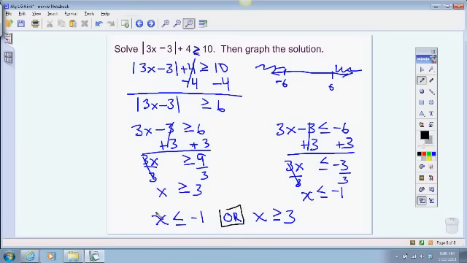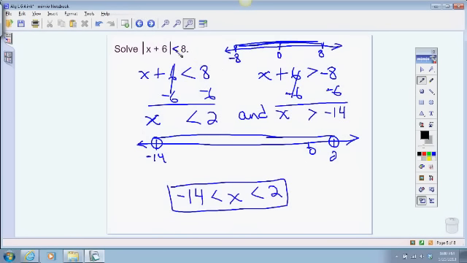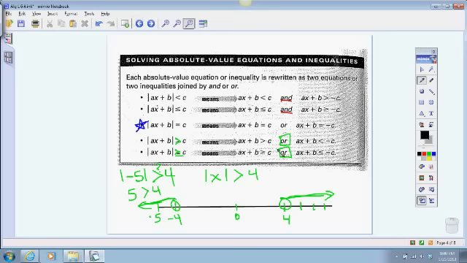It's either going to be less than negative 1 or greater than 3. When you have a less than sign, whether it's less than or equal to, then we're dealing with an and statement. It's got to satisfy both of them. Okay? So until you get comfortable, really rely on this chart and make sure you're understanding that if it's less than or equal to, it's an and statement. If it's greater than or equal to, it's an or statement.